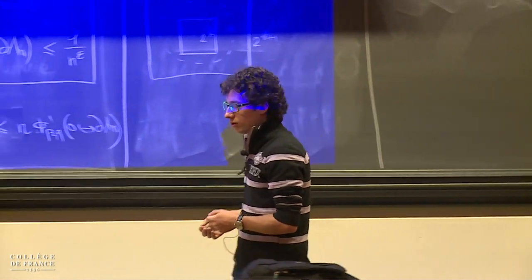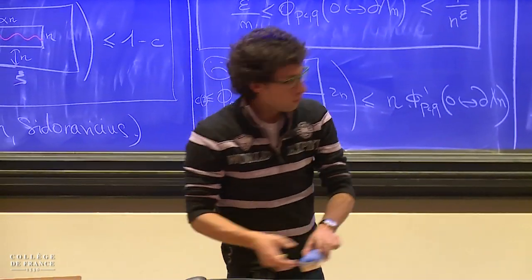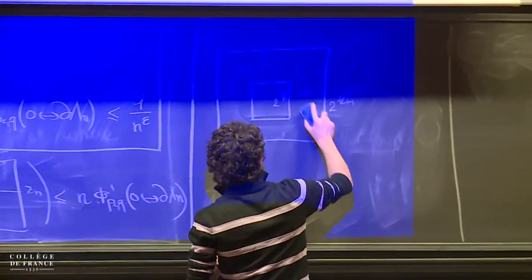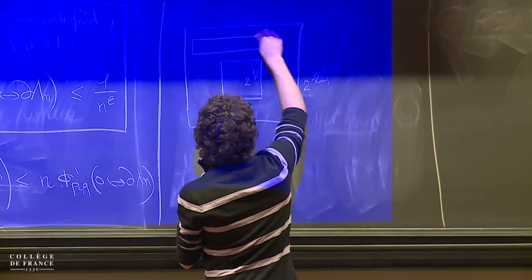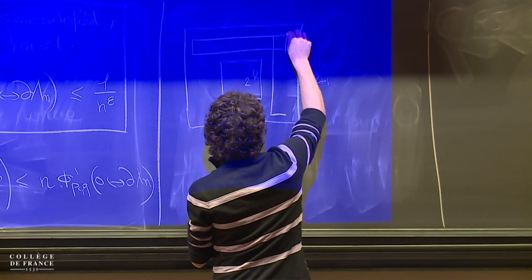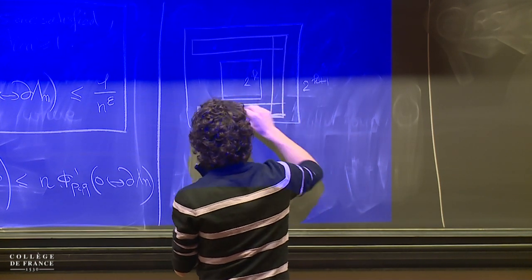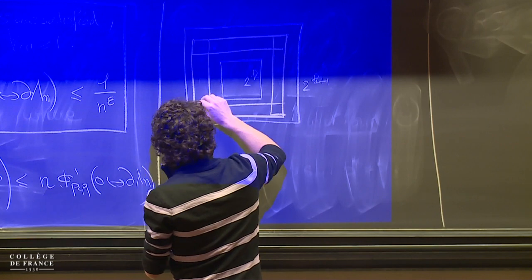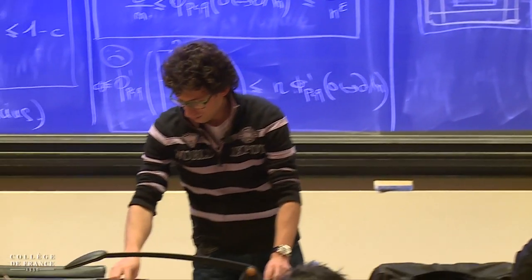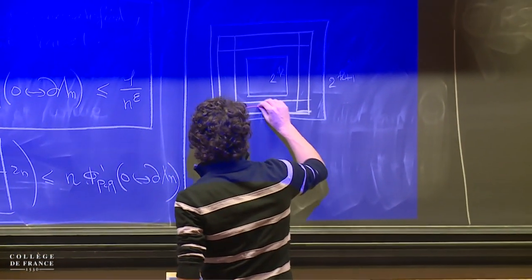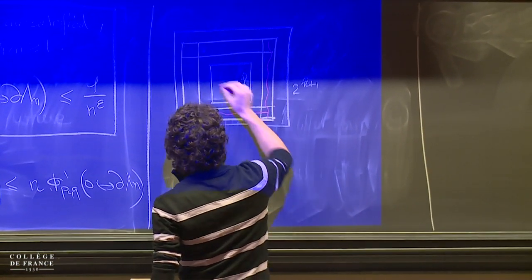Well, what you can do is you can draw the following. You can draw 4 rectangles like that. One here, one here, one here, and one here. And ask that in any of these rectangles you have a crossing in the long direction. Right?